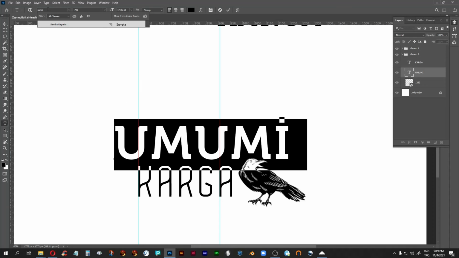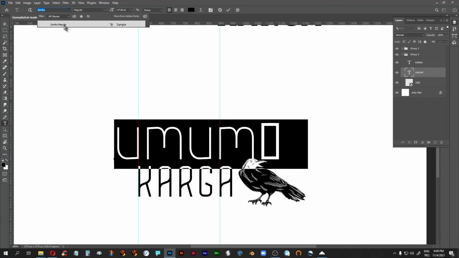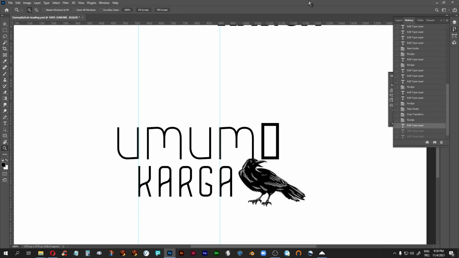One of them was this font called Samba, which does however have a problem because it doesn't have a Turkish I in capital letters. So basically I had to make this all lowercase instead of uppercase, and then I can put in the I like this.